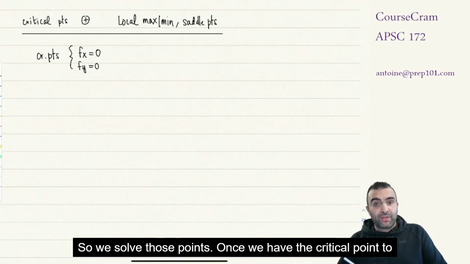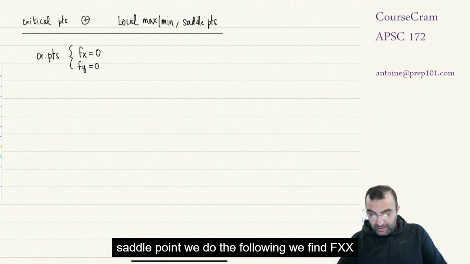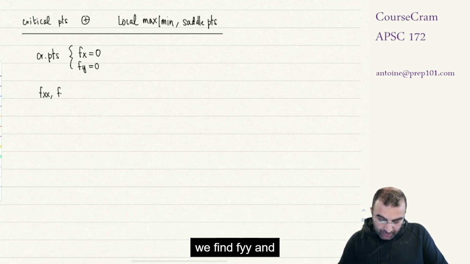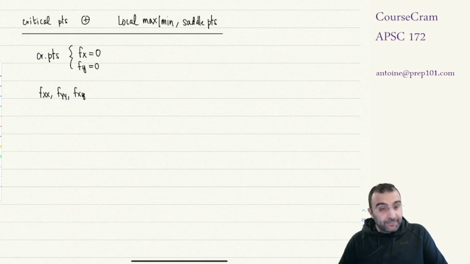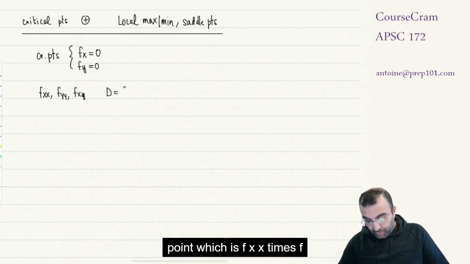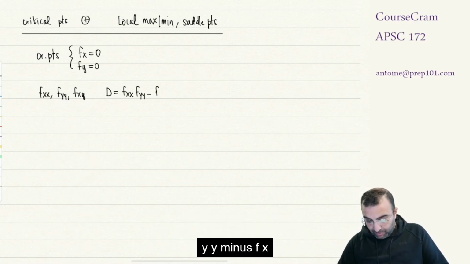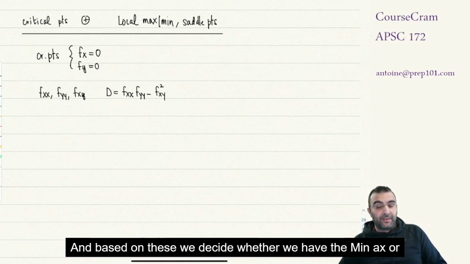Once we have the critical points, to decide whether they're a max, a min, or a saddle point, we find f_xx, f_yy, and f_xy. Then we form a quantity D for every point, which is f_xx times f_yy minus f_xy all squared.